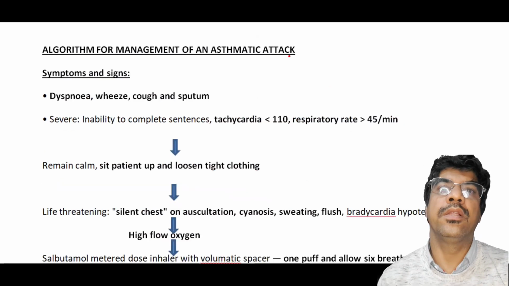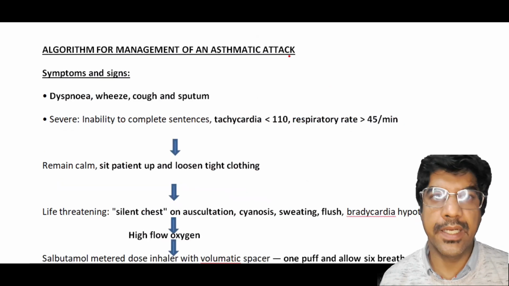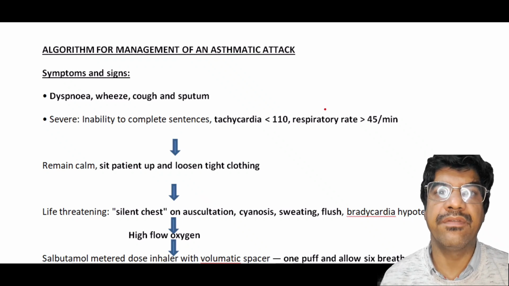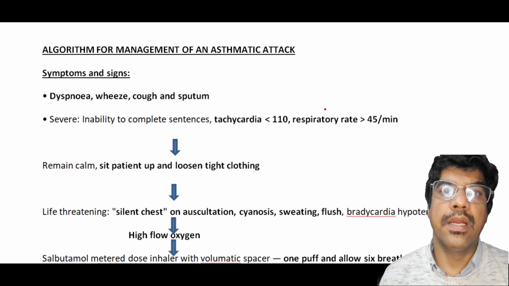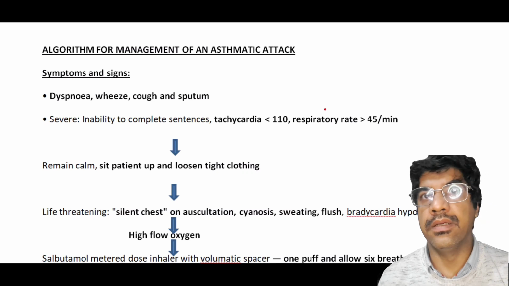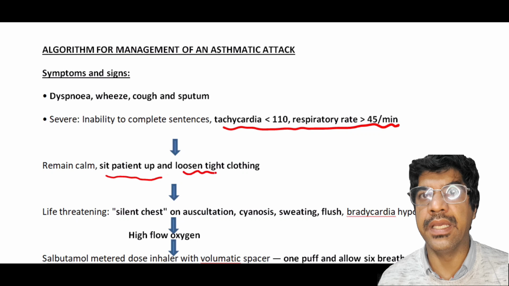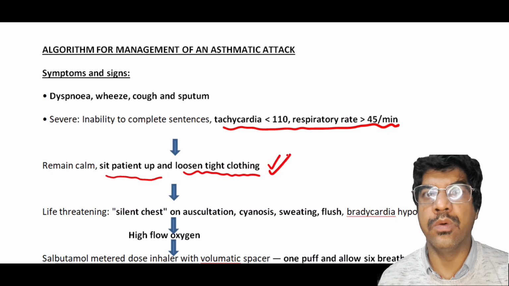So what is the algorithm for the management of an asthmatic attack? If there are signs and symptoms like dyspnea, wheeze, cough and sputum, and these are severe, you have to make the patient sit up and loosen the tight clothing.